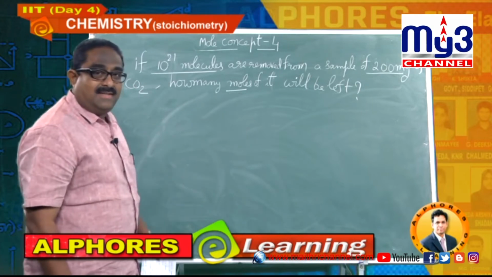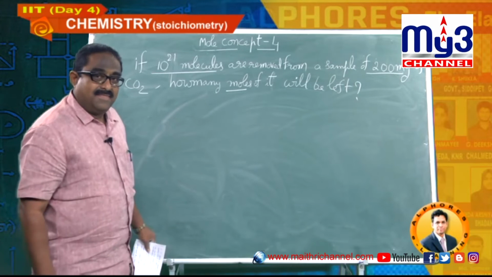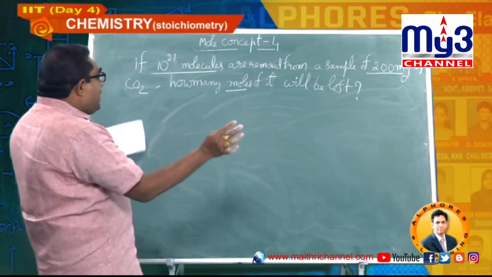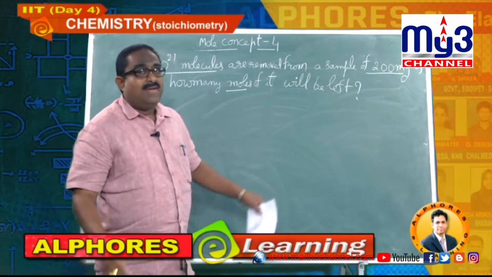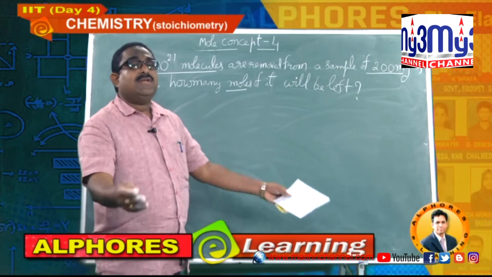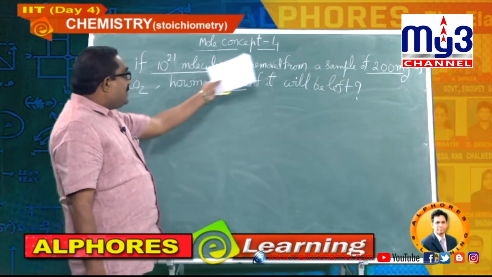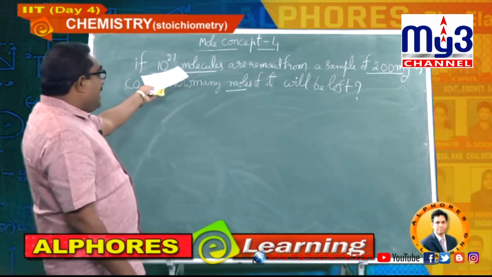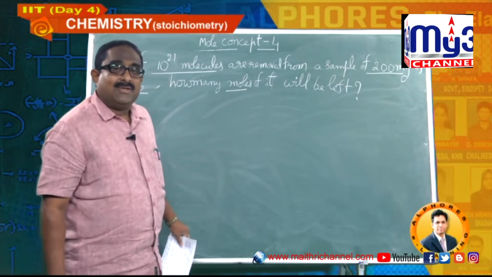See, three concepts have interlinked. So let me convert all into molecules, because we know 1 mole means 6 into 10 power 23 molecules. Already molecules are there. Let me convert that 200 milligrams of carbon dioxide also into molecules.